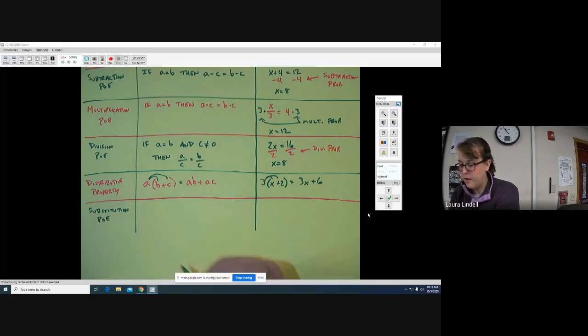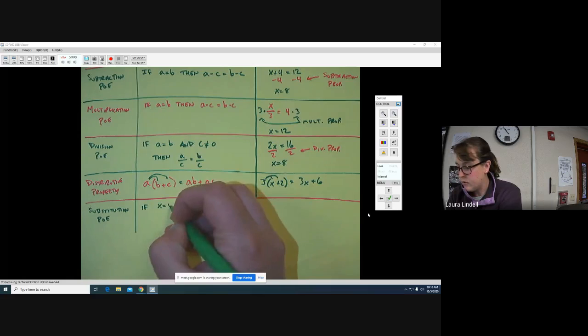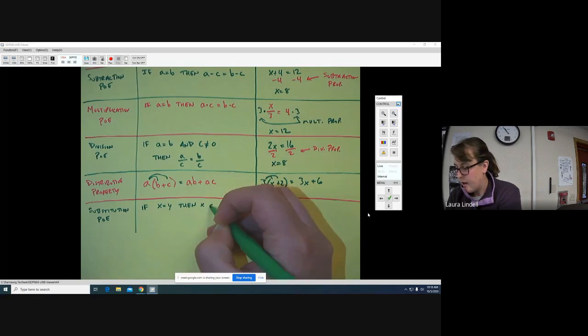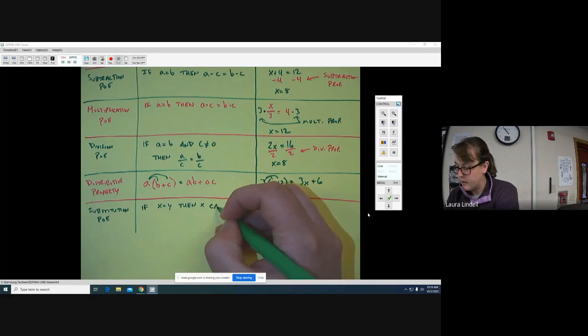And we're going to say POE, property of equality there. Okay, the substitution property says if x equals y, then x can be substituted for y in any equation.